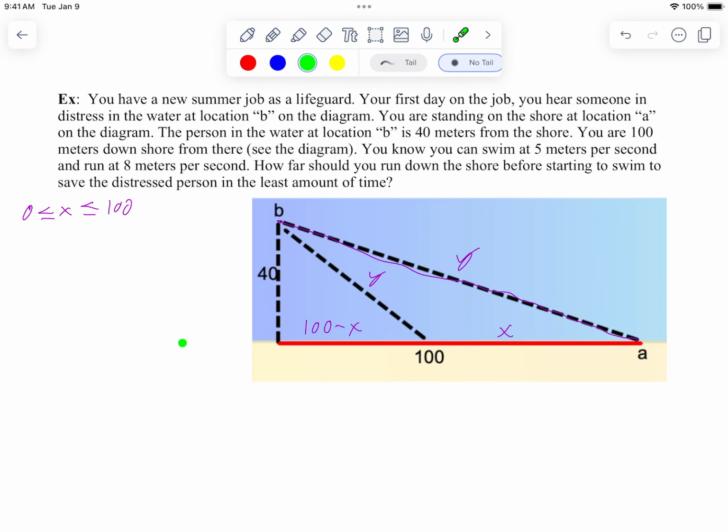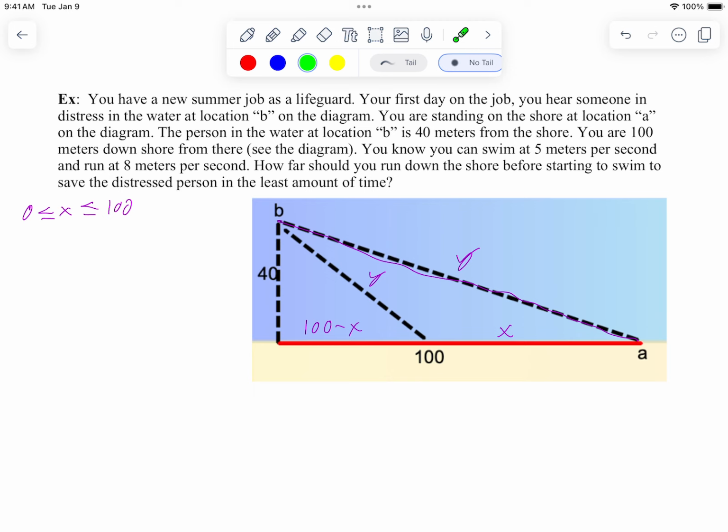I'm not going to run past that. That just would be silly. I can use Pythagorean theorem to find this value, and I know that the minimum value for y is going to be 40. Again, my equation that I'm trying to optimize is going to be time, and time is distance over rate.